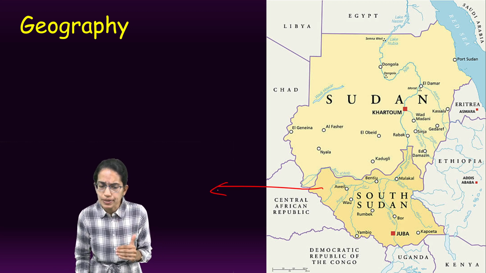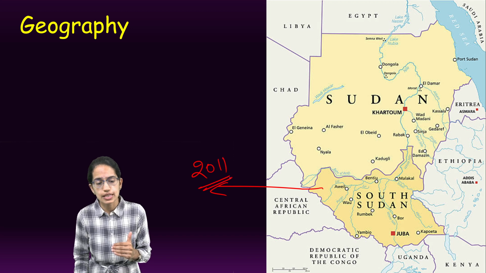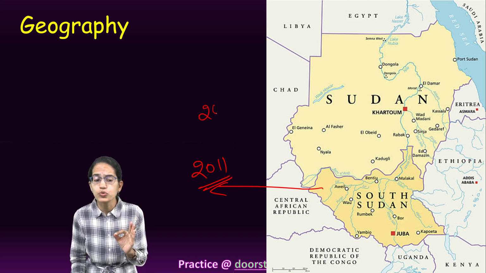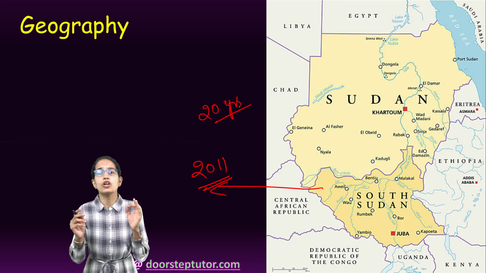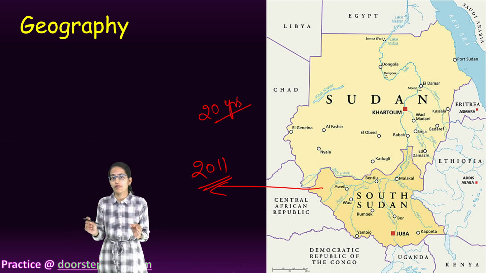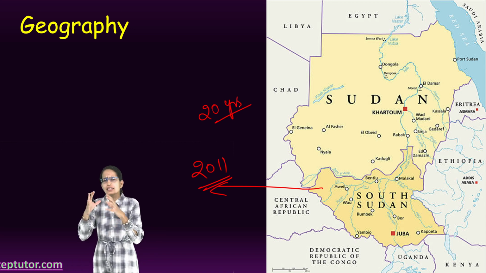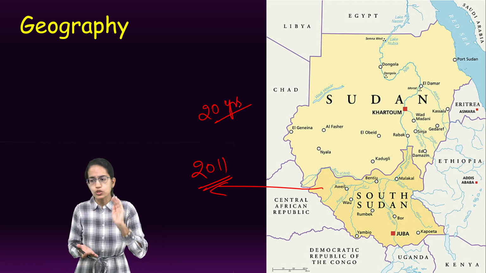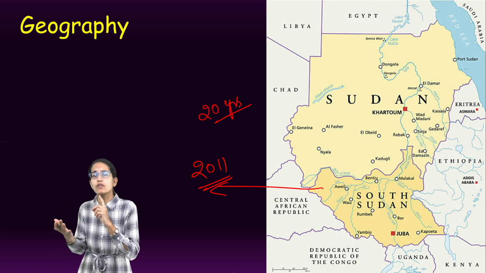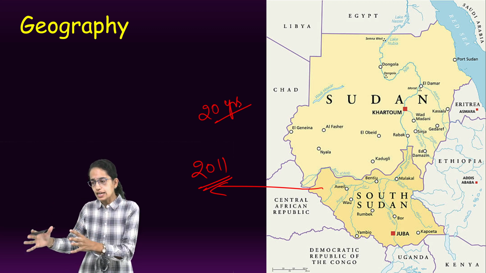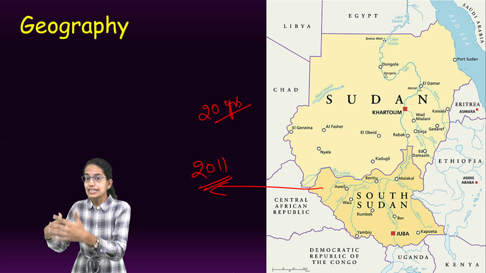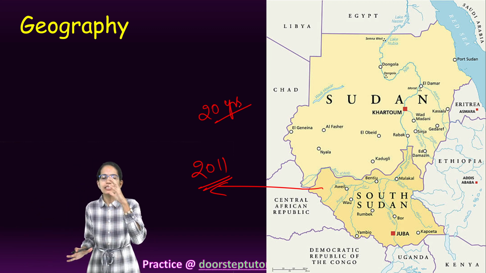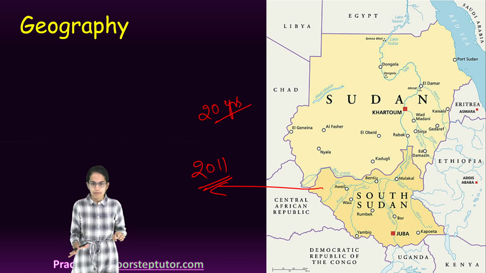South Sudan separated recently in 2011 and became an independent country after a stretch of 20 years of continuous guerrilla warfare, and in this process a huge number of internal displacements took place. There was severe war and famine, which led to the further escalation of the conflict between the two countries. Ultimately, South Sudan became an independent country.